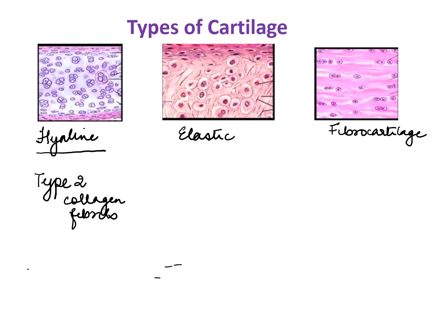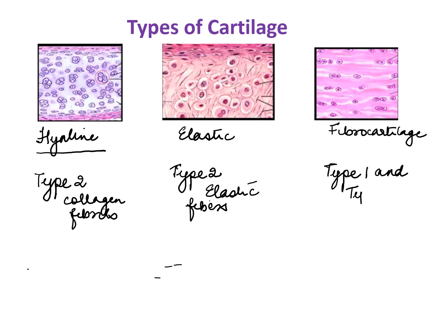In elastic cartilage, apart from the type 2 collagen fibrils, the elastic fibers are present. Whereas in the fibrocartilage, we have both type 1 and type 2 collagen fibers present.